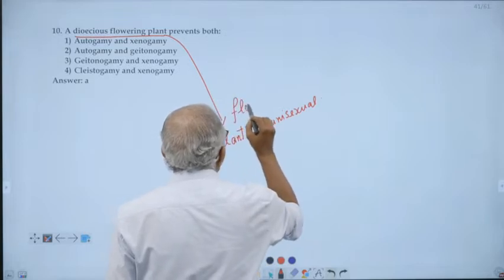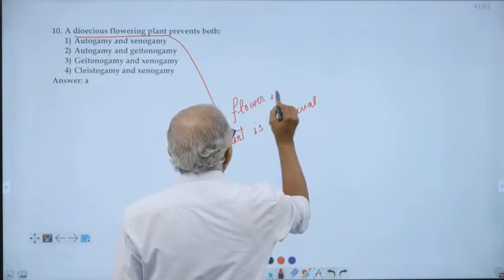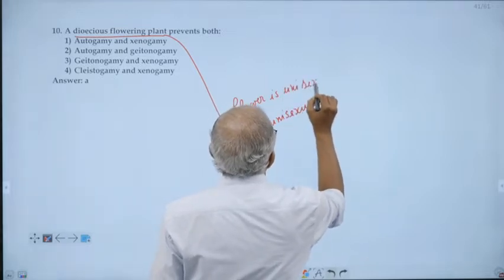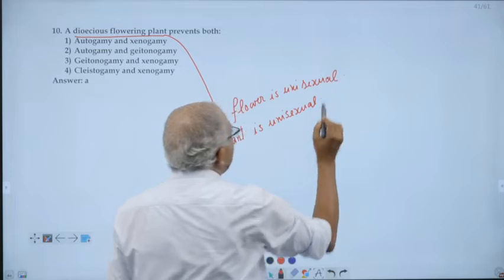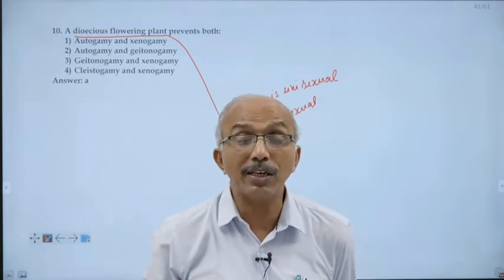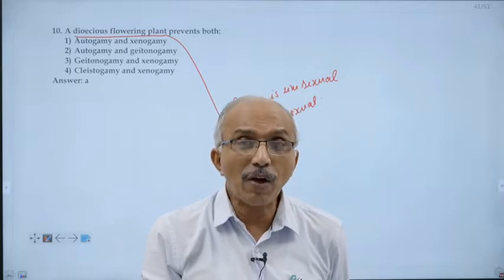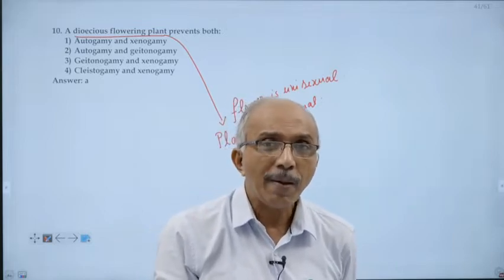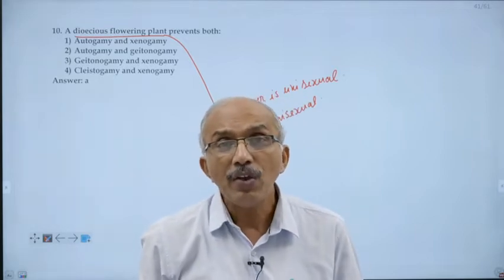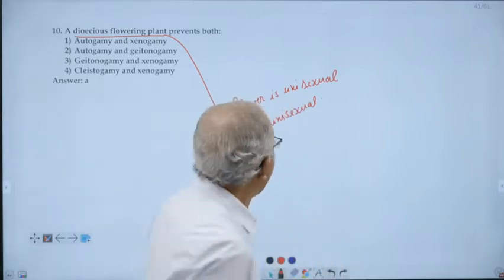Flower is unisexual. That is, separate male and female flowers are there. Male flowers are found on the male plant. Female flowers are found on the female plant.